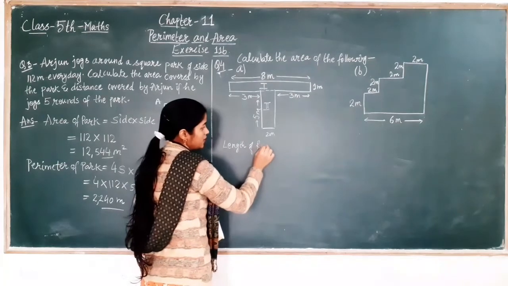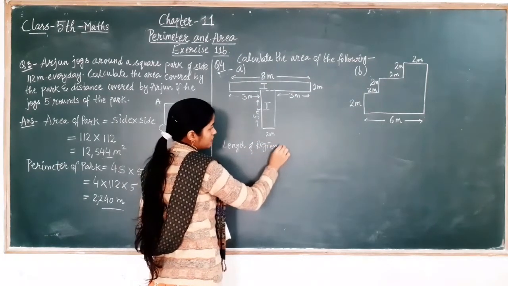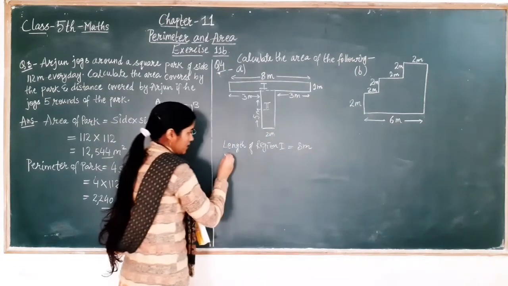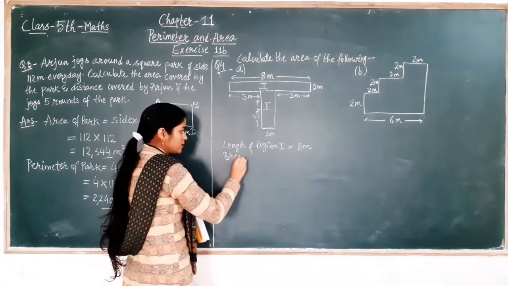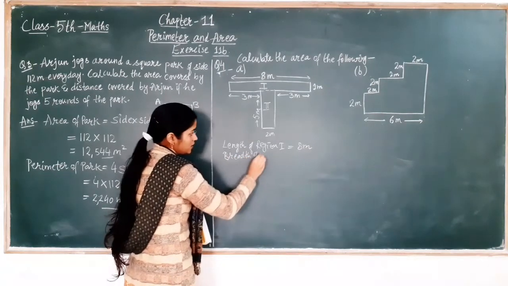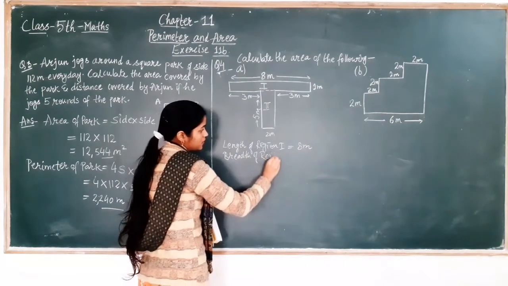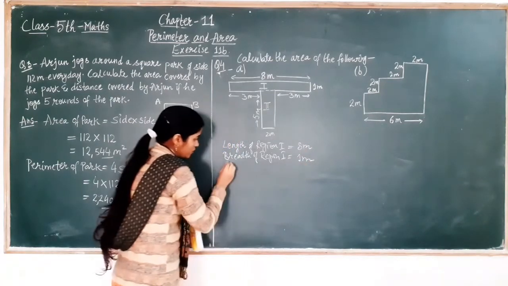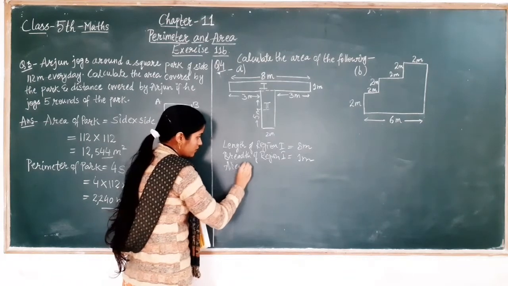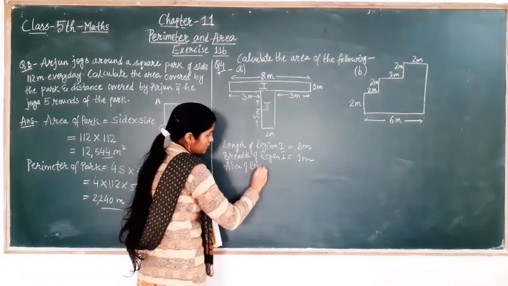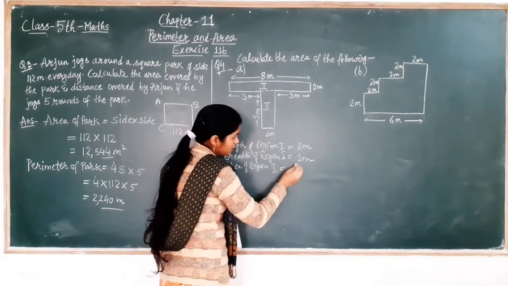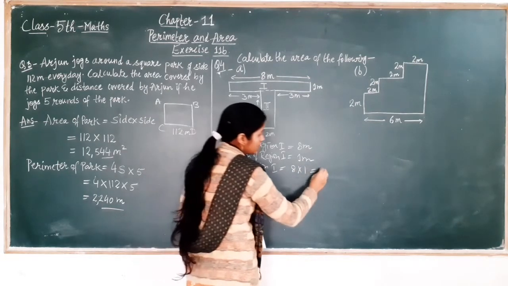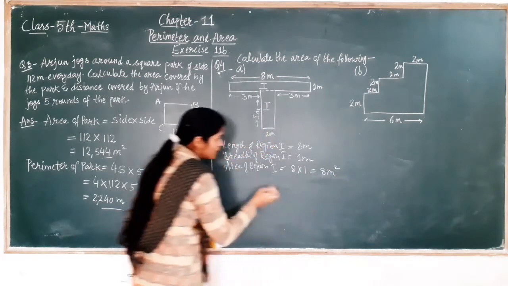Length of region 1 is equal to 8 meters, breadth of region 1 is equal to 1 meter. So the area of region 1 is equal to 8 into 1, that is length into breadth, which is 8 meters square.